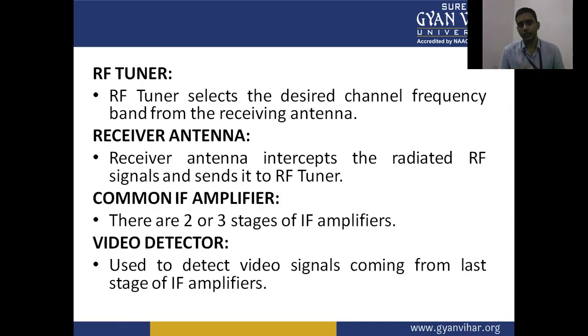After tuning to the particular signal band, the signal can be received by the receiver. And our frequency is matched between the transmission and the receiver. The receiver antenna intercepts the RF signal radiated by the transmitter and sends it to the RF tuner.